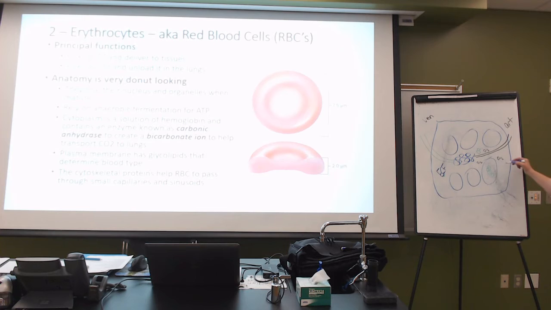So we'll have our glucoses. Glucoses, if you remember, make their way into the cell. They go through glycolysis, and the two pyruvates make their way to the mitochondria, and through the Krebs cycle and the electron transport chain make the ATPs.